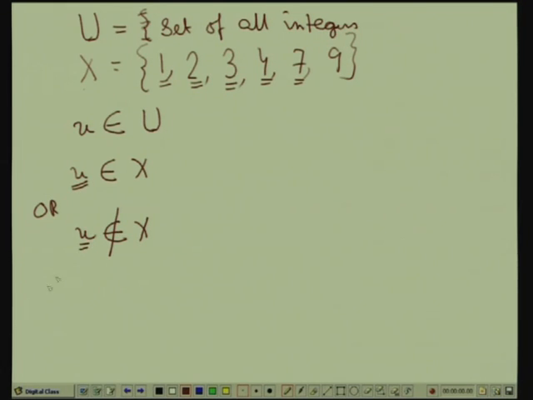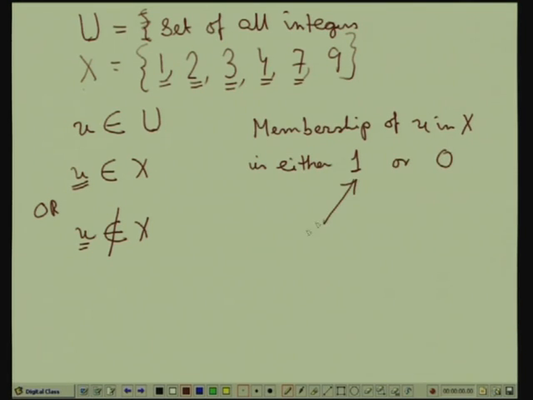So, the membership in the case of a crisp set, membership of u in X is either 1 or 0. That means belongs to or does not belong to.